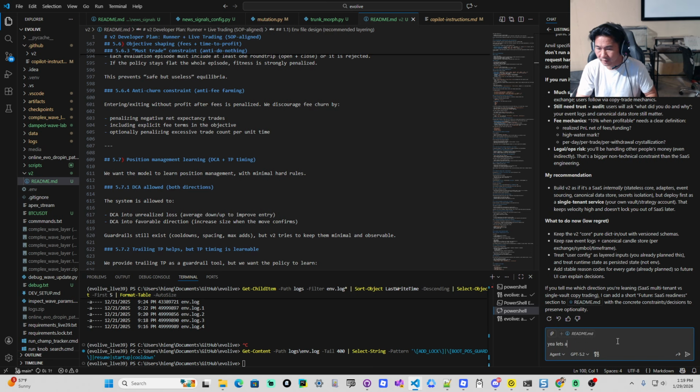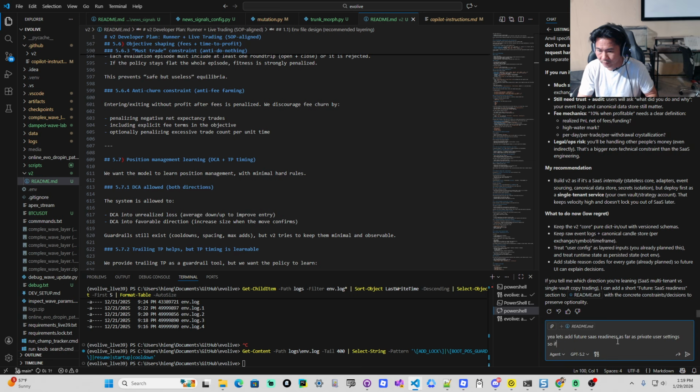Yeah, let's add the SaaS readiness as far as user private settings. So if we need better than .env files, let's do that.